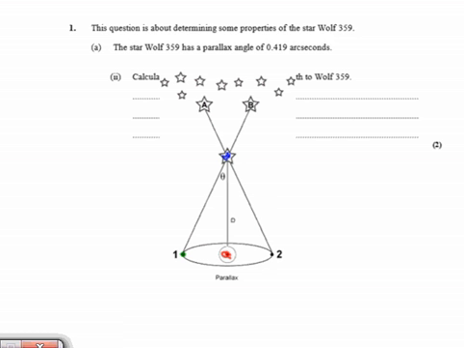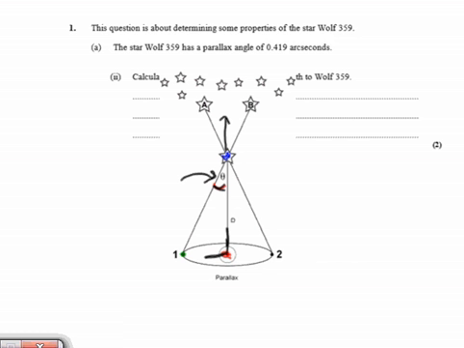The parallax angle is the angle that we get right here when we have a 90-degree angle between the Earth, the Sun, and Wolf 359. This angle actually tells us a lot about the distance. If you can imagine Wolf actually being up here, how that would change this angle down here. So this angle tells us about the distance.